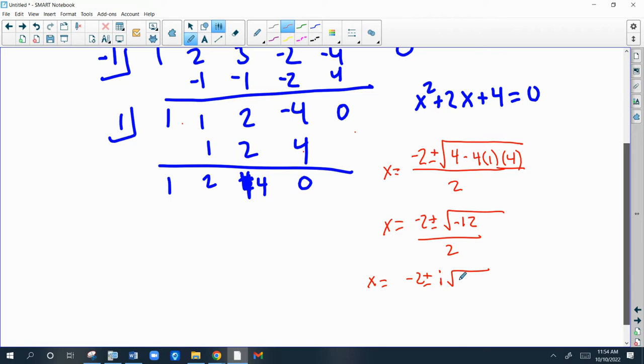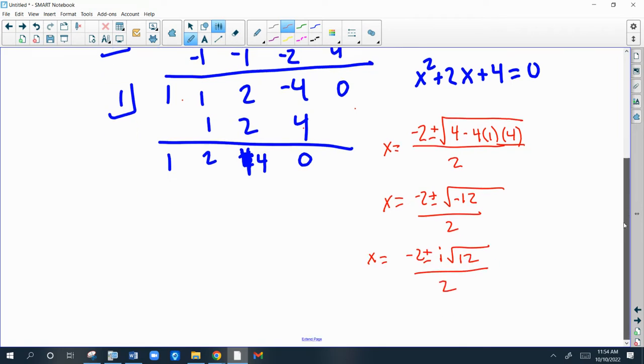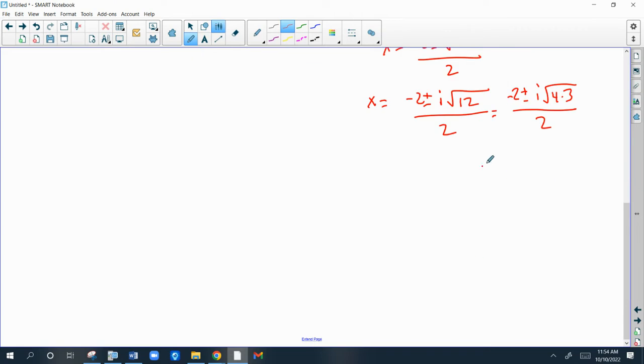The square root of negative 12 will simplify into i root positive 12. Now, the square root of 12: 4 goes into 12. It's a perfect square, so I'm going to do that and simplify. The square root of 4 is 2.